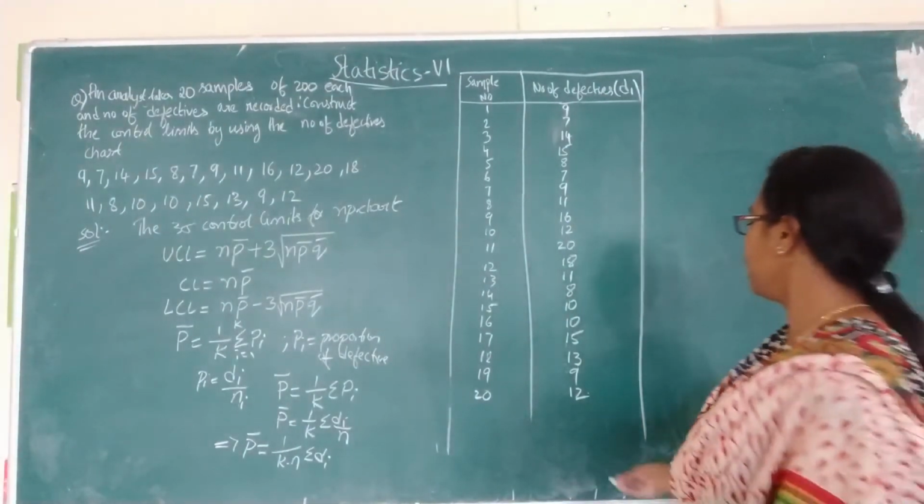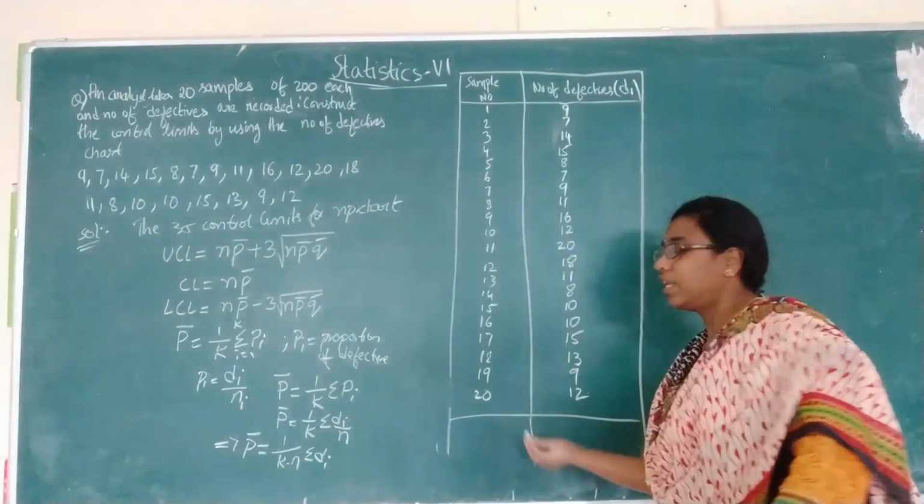Now find out the summation of Di to find the P bar value.